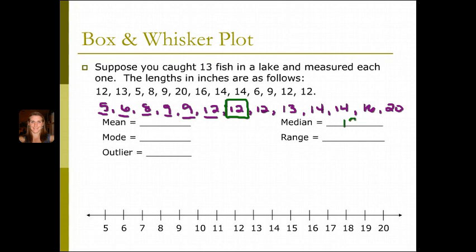So what we're going to do is plot our median. Draw a vertical line at 12. Okay? From here, you're going to take the median of your lower set of numbers. Well, if you notice, you've got 6 numbers on either side. So we're going to take the average of the middle 2.